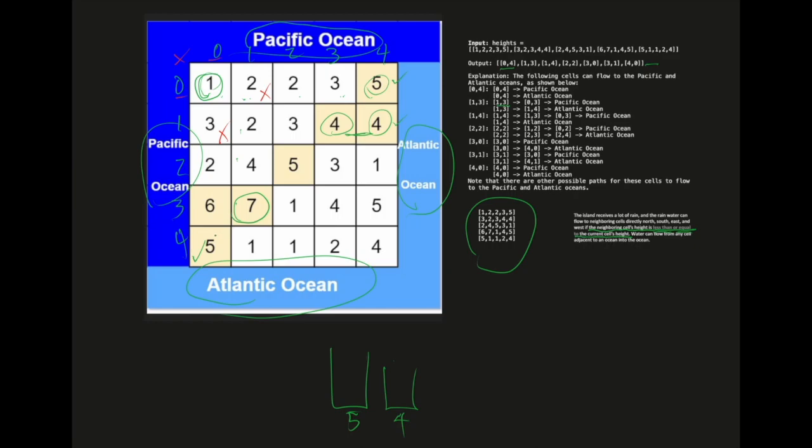And then, since 6 can also flow into 5, since it's less than, we know for a fact that 6 can be a coordinate that connects the Pacific Ocean, starting from here all the way to the Atlantic Ocean, and so on and so forth. Same thing with 7, because once water flows between the two cells, this can also connect to 5. And so we have 6, 5, and then water can flow respectively to each one.